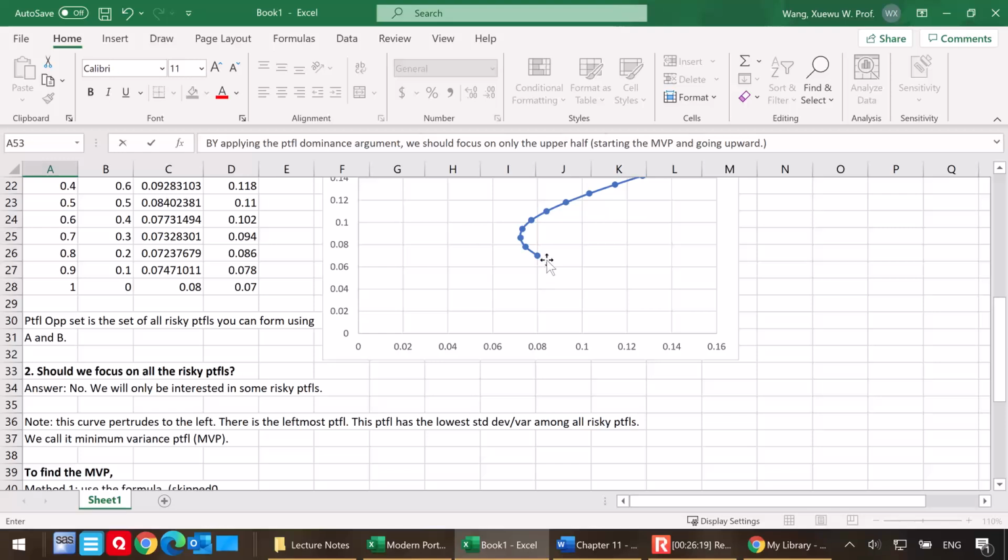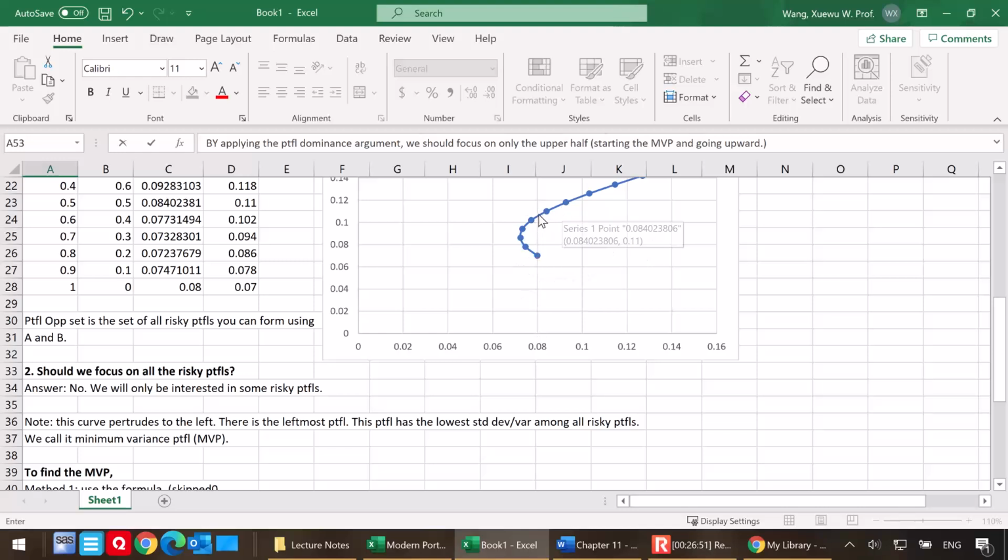Let's say you pick a portfolio in the lower half of this opportunity set. I can say, you know what, you don't have to pick this one because you have a better choice. What is the better choice? If you pick any portfolio on the lower half, I'm going to draw a vertical line that crosses the portfolio you pick, and this vertical line is going to hit the upper half.